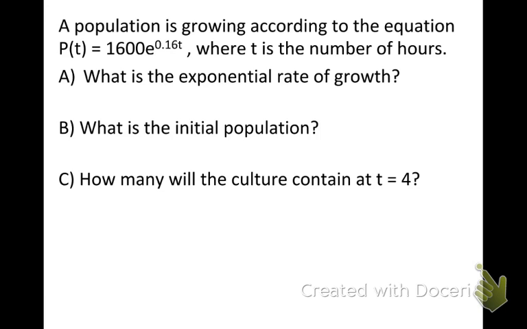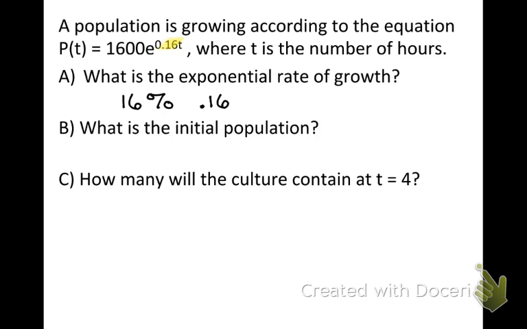First thing they want to know is what is the exponential rate of growth? So if we look here, we are looking for that R value. It is given to me here as a decimal, but it's going to be 16% as my rate of growth. 0.16 would be fine here too. Either is okay.